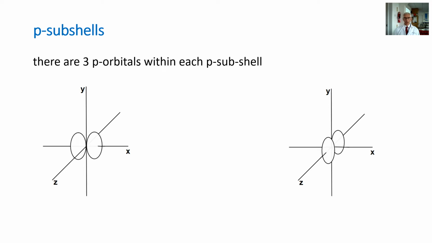And those are orientated along the 3 dimension axes. So we've got px, this would be pz. Could you pause the video and draw the py orbital?